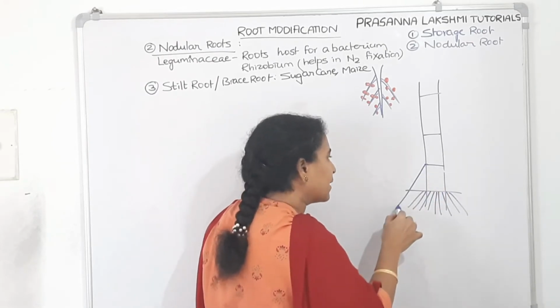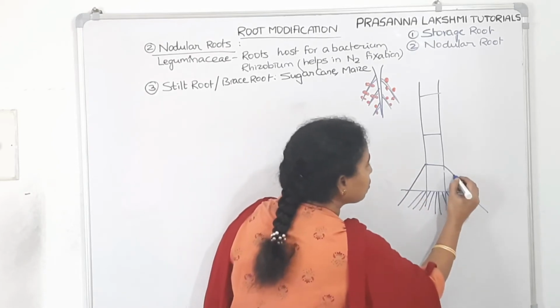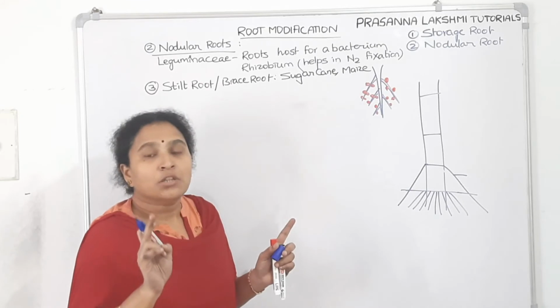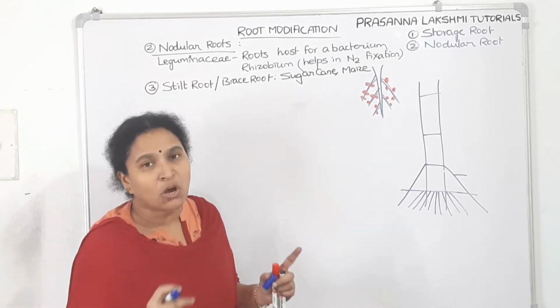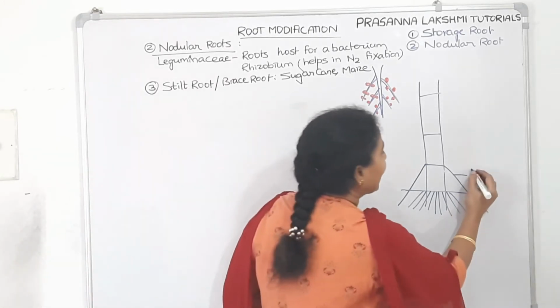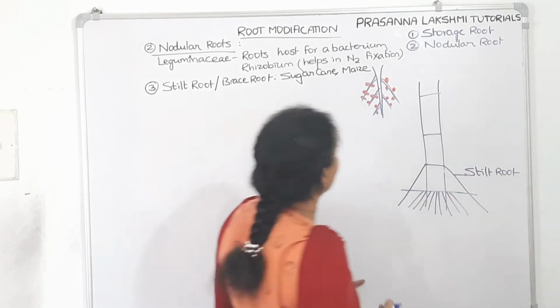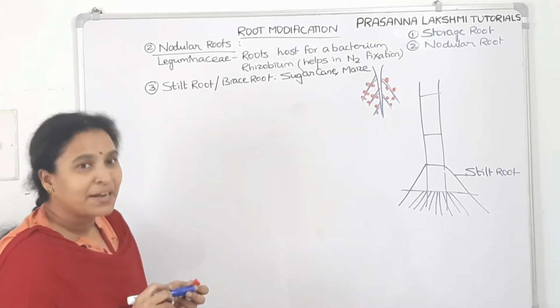They grow obliquely into the soil to give additional support. Now this root which is coming from the node means it is an adventitious root. The root which is coming from the node, growing obliquely into the soil, giving mechanical support, is called stilt root or brace root. Okay, so stilt roots or brace roots, they are adventitious roots.